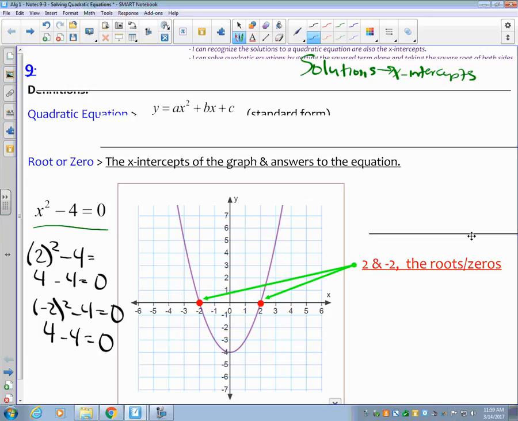Because of that little squared term, we get 2 answers. When I have a negative and a negative, it gives me a positive, and when I have that same number squared in the positive zone, it also gives me that positive answer.